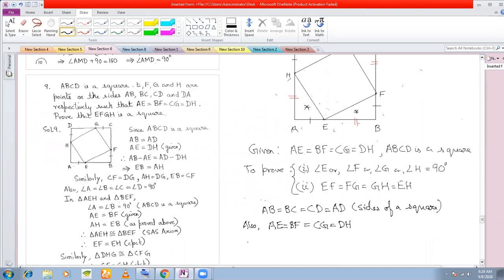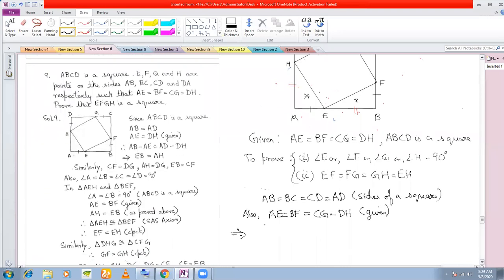Now, why I am writing this is because I'll give the reason here also. This is given. I'm writing this because later on I want to subtract these two equations. I'll get AB minus AE is equal to BC minus BF. This is the a minus x part, if you remember.